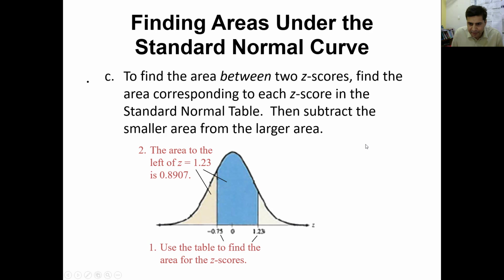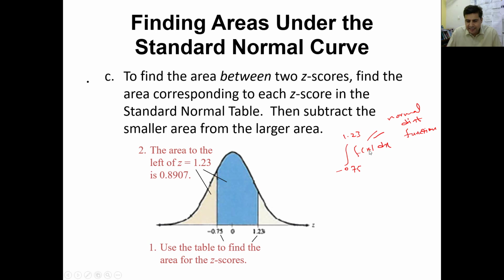One way to calculate this blue area is from minus 0.75 to 1.23 of the function f of x, which is the normal distribution function.